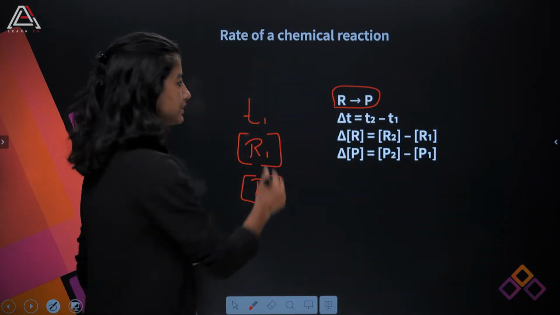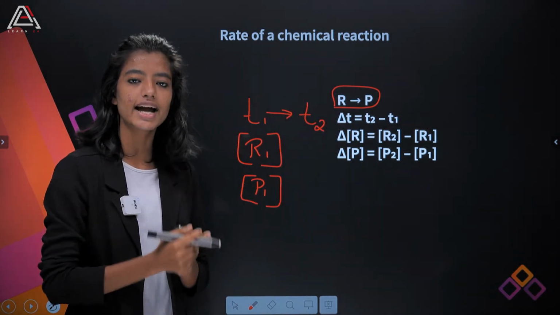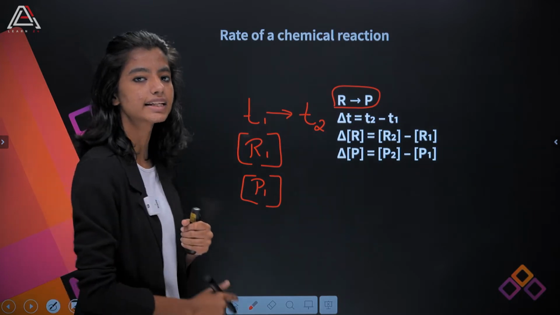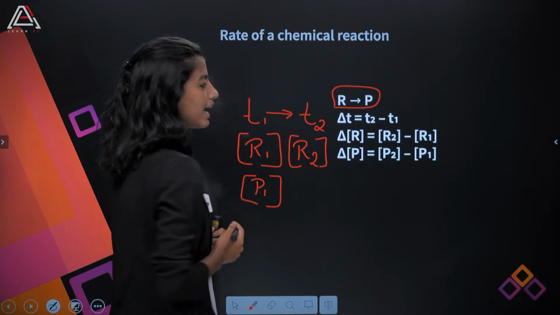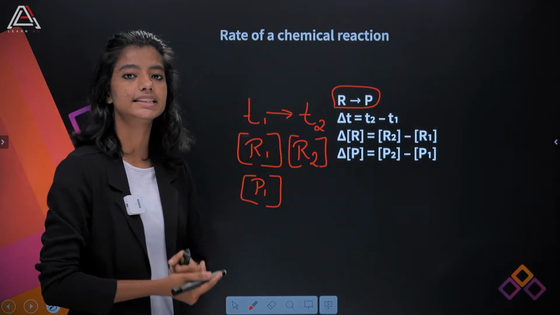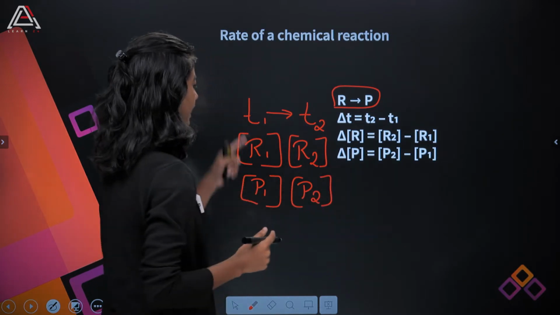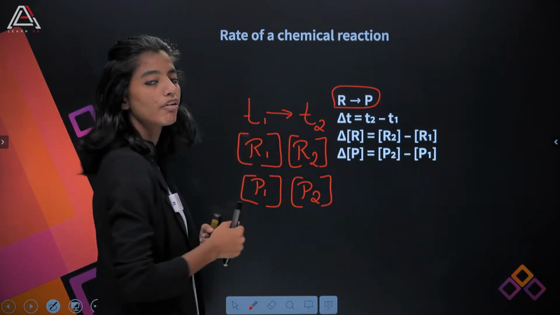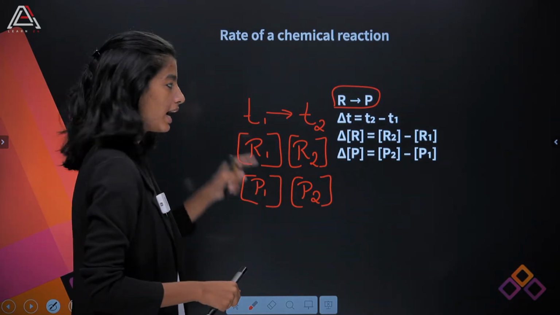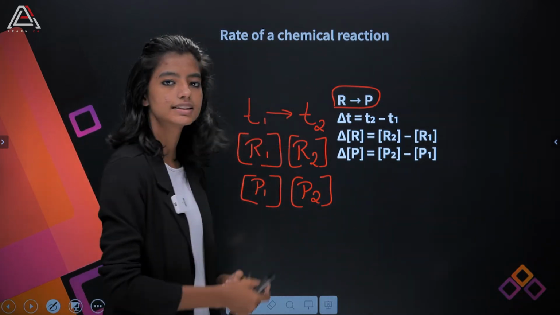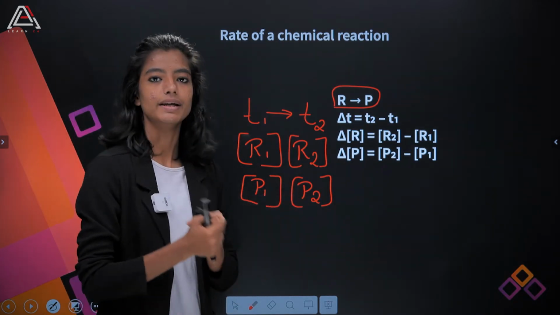As the time passes to T2, the concentration of reactant keeps decreasing and let's assume it as R2, and the concentration of product is increasing and will be P2. At time T1, the concentrations are R1 and P1. At time T2, they are R2 and P2.